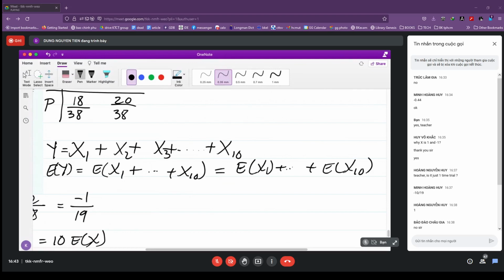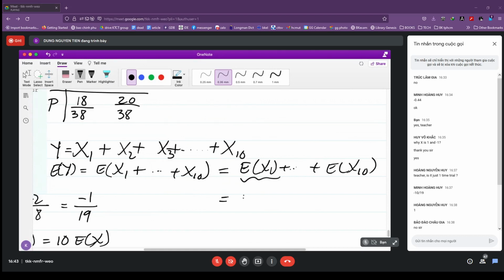And then what is the mean of X1? The mean of X1 should be the same as the mean of X, because they follow the same distribution. So you come up with 10 times the mean of X, right? And that's why you get 10 times minus 1 over 19.